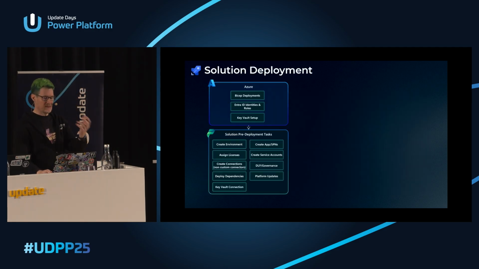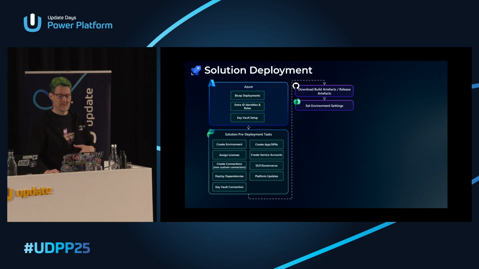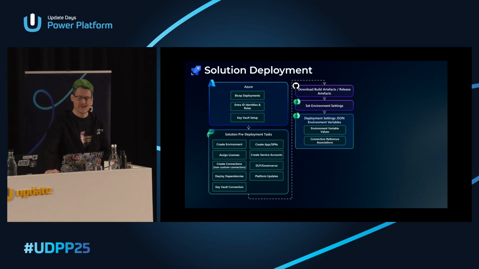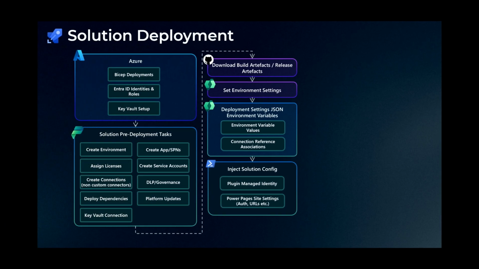It's downloading the release artifacts. It's doing things like setting environment variables using the deployment settings. So it's also wiring up connection references. But it's also doing some little kind of monkey patching, if you like. It's injecting some config into the solution, because there are some things that can't be set using the configuration of deployment.